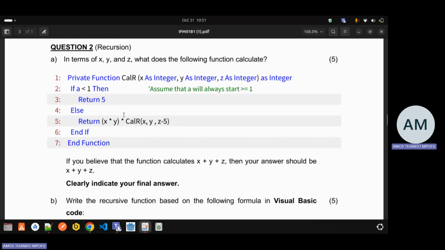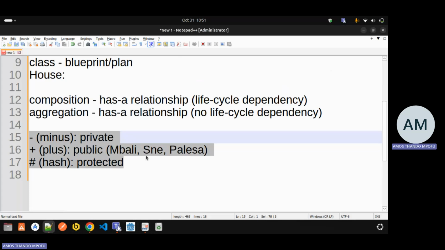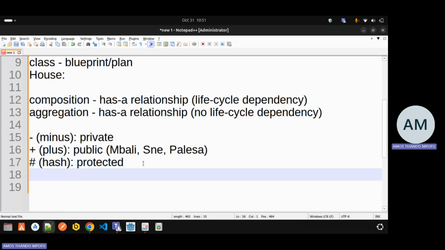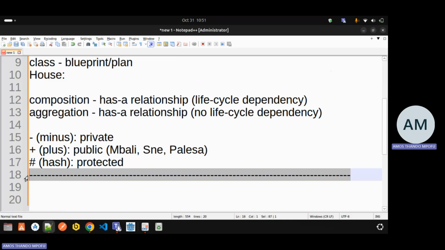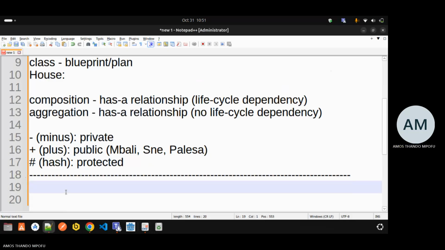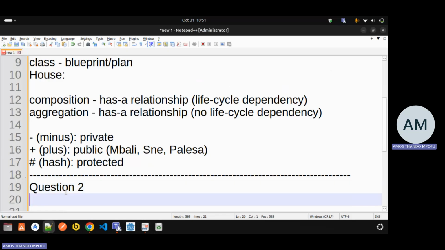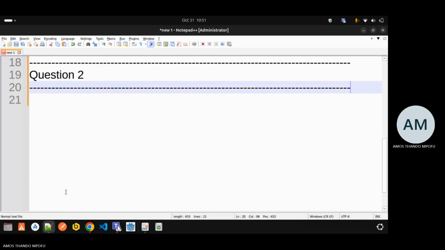So let's look at recursion. So question two, right? So here I'll leave this at the top, and then let me copy this, and then I'm going to say this is question two, right?